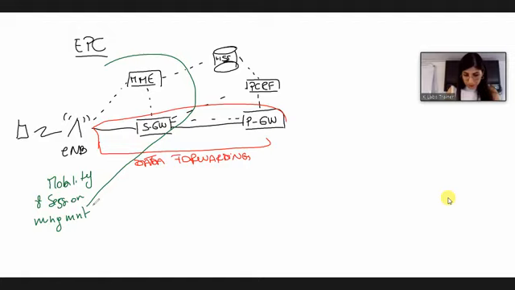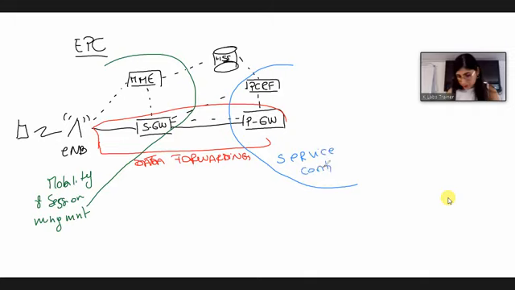While, for example, the PCRF and PDN gateway are responsible for service control. And I will use another color: the MME together with the PCRF and also the HSS are responsible for authentication and data management.